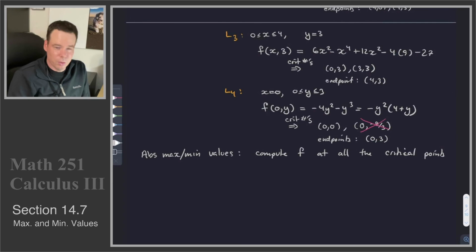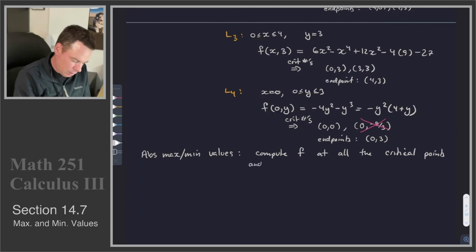And so we're going to check those critical points to see if any of those local maxes or mins are actually absolute max and mins. But we're also going to check the function values at the boundary critical points, the critical points that we got for each of the 1D calc problems on the boundary. So we're going to compute f at all the critical points and what we call boundary critical points.